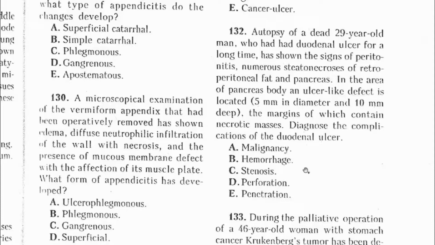Whereas in penetration, posterior ulcers more often penetrate the pancreas, producing intractable pain. When it occurs in the lesser peritoneal sac, it is called localized peritonitis. That means you're talking about this guy. Then hemorrhage, usually of coffee ground vomit. So the presence of ulceration of the pancreas means penetration has occurred. So your answer is E.